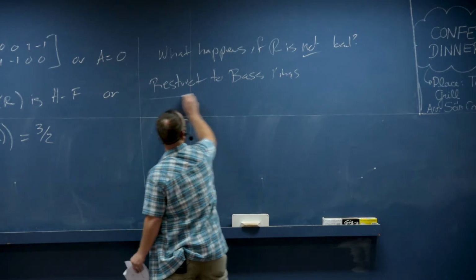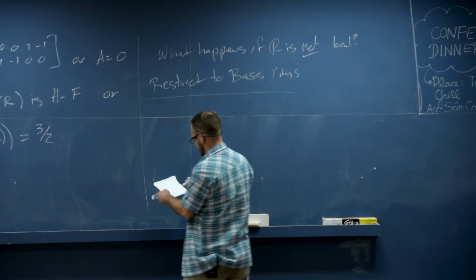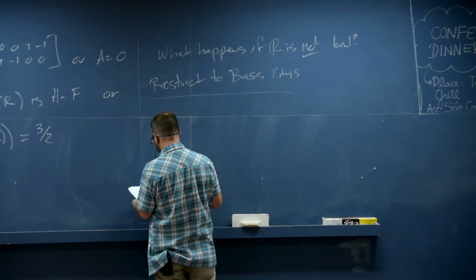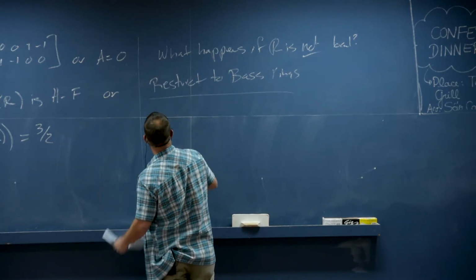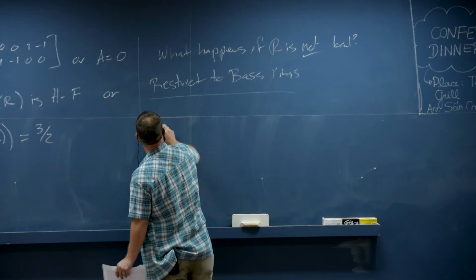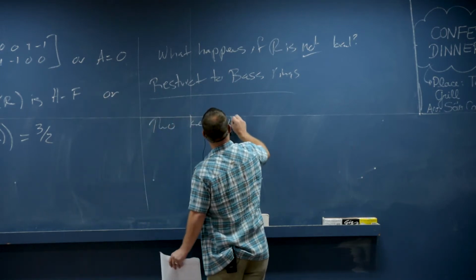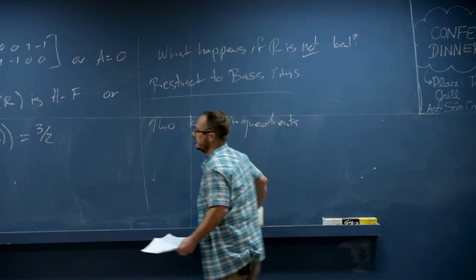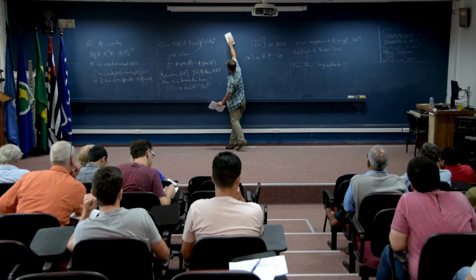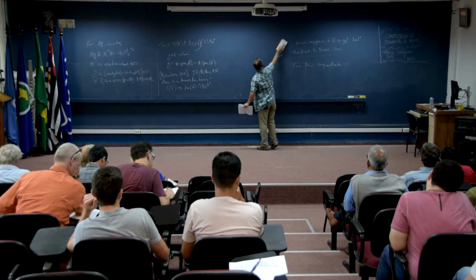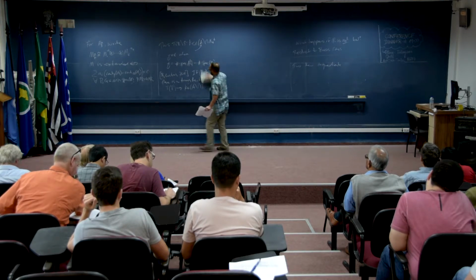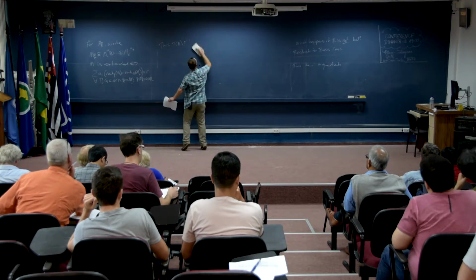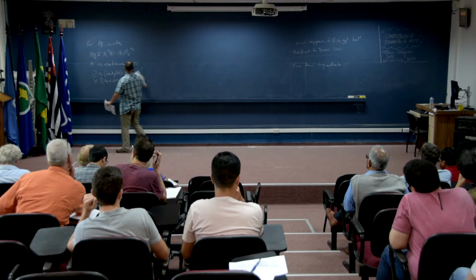Okay. So in that case, we have sort of 2 key ingredients. The first is from a paper of Roger and Larry Levy from 1985 that is all about modules over Bass rings.